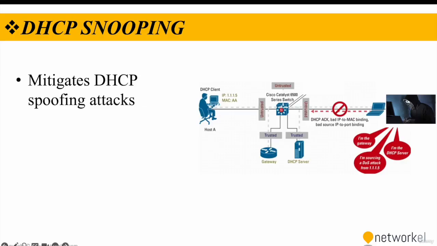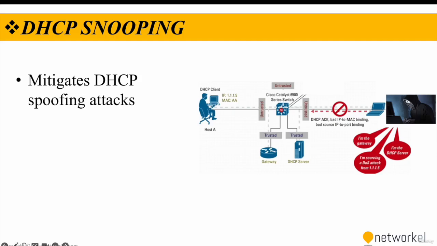Then DHCP snooping builds a DHCP binding table by reviewing the DHCP messages, and this table records the association between IP addresses, MAC addresses, VLANs, and switch ports of DHCP clients. The binding table is dynamically updated as clients receive IP addresses from the DHCP server. DHCP snooping also validates the DHCP messages.